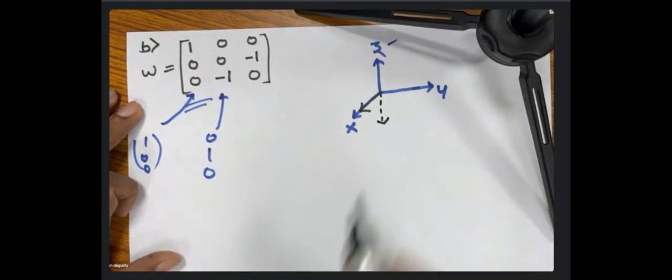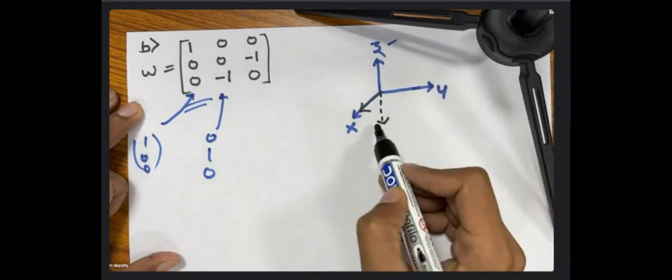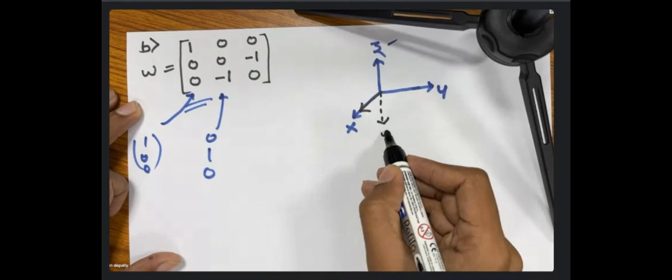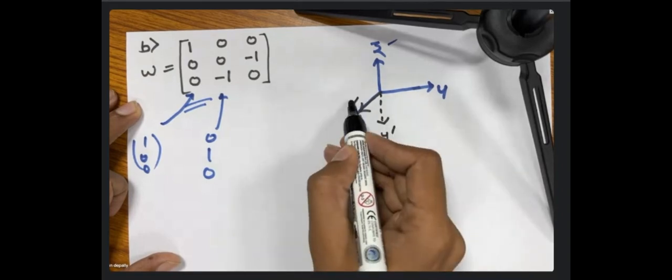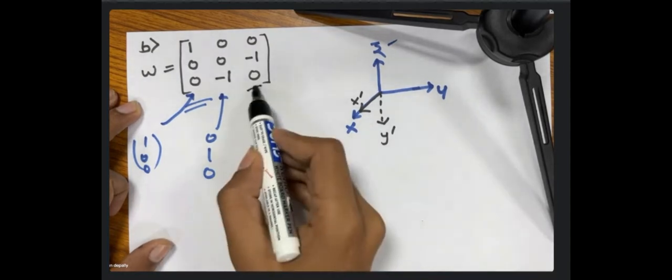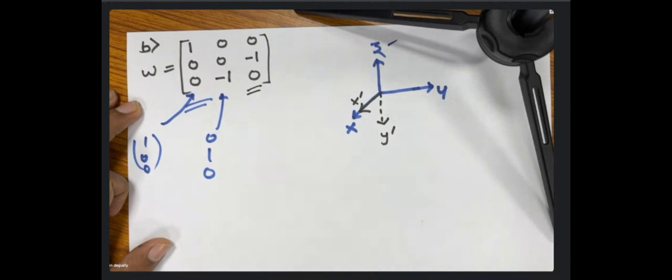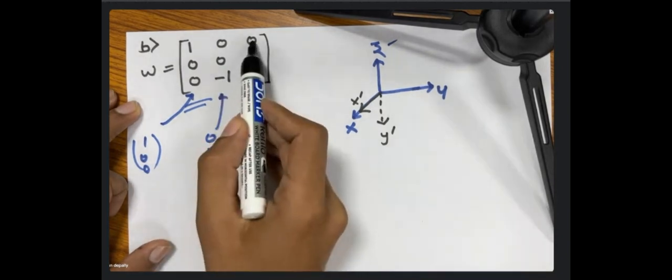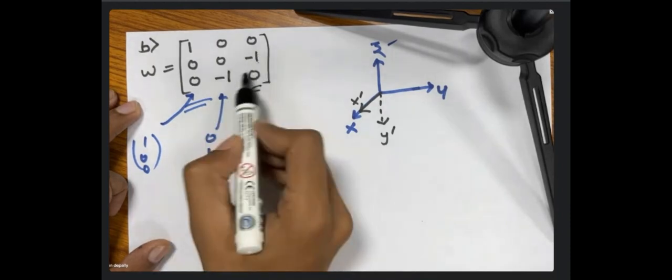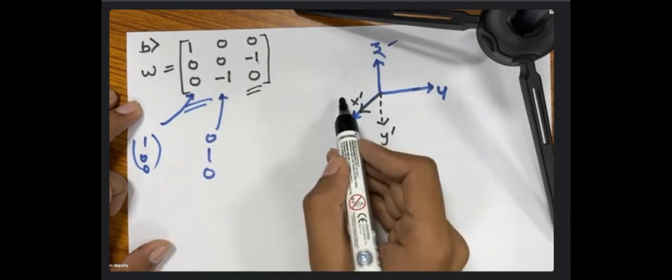So the Y has transformed to over here. Let me call it Y dash. It will be X dash. Now let's talk about this last one. How Z is transformed. Z has transformed to 0 -1 0, that is, in the negative of Y direction. So this is how our Z is.